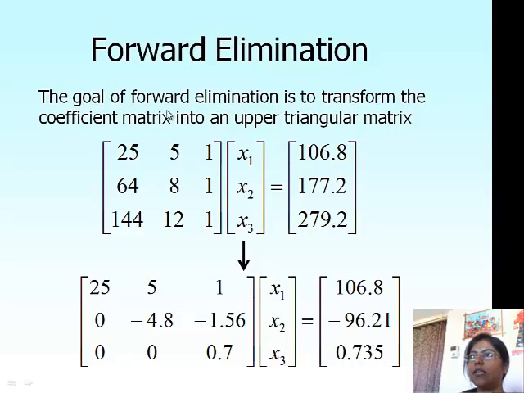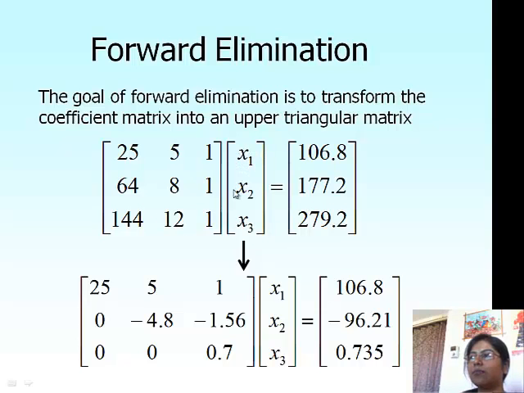The goal of forward elimination is to transform the coefficient matrix into an upper triangular matrix. You can see that these are the various coefficients that are given, and here it is in the form of A. This is the whole matrix A, that is the coefficients.